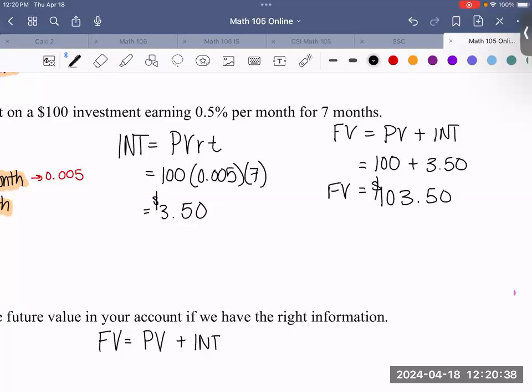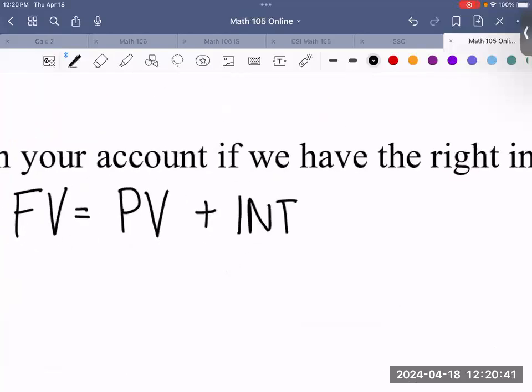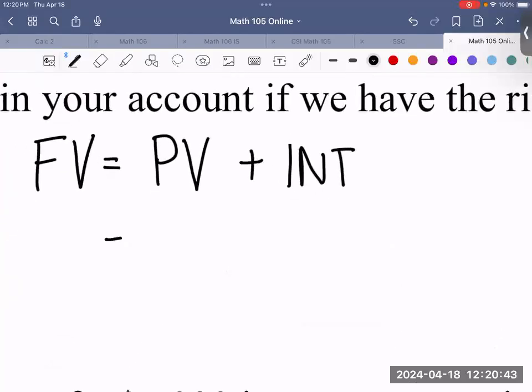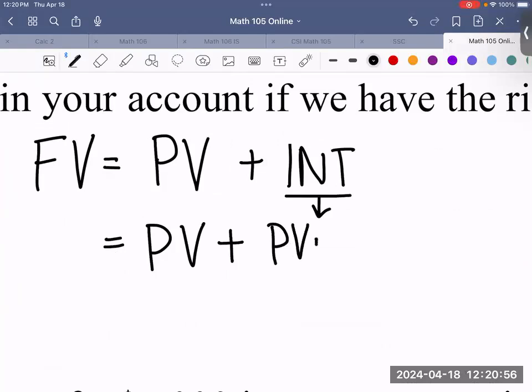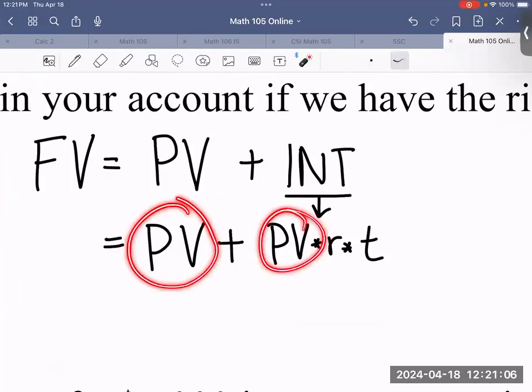So this is one way to calculate your future value, and that goes for all of those values. This also has another equation. It has the present value plus your interest, which we broke down as its own equation, present value times rate times time. However, it's a little redundant sometimes if you have your present value listed twice.